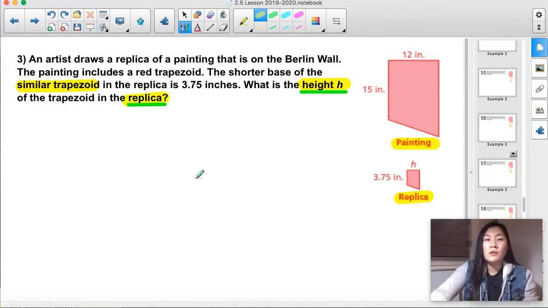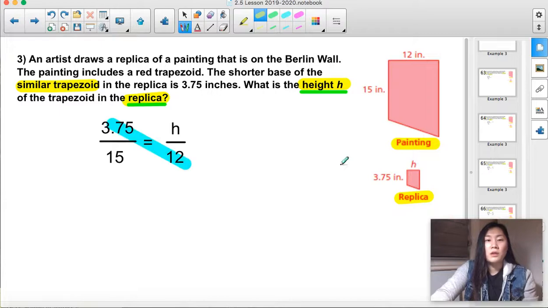So given that these two are similar, we can set up the proportion. So I'm going to go from replica to painting, replica to painting. So 3.75, what's the corresponding side length of 3.75? 15. So 3.75 over 15 is equal to h, that's what we're looking for, over 12. We're going to cross multiply.